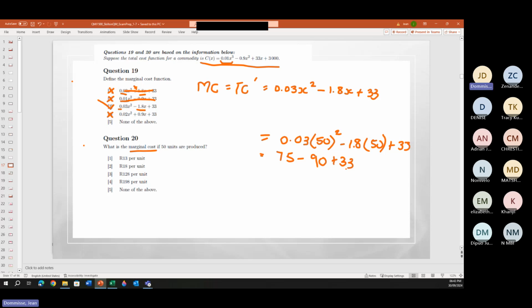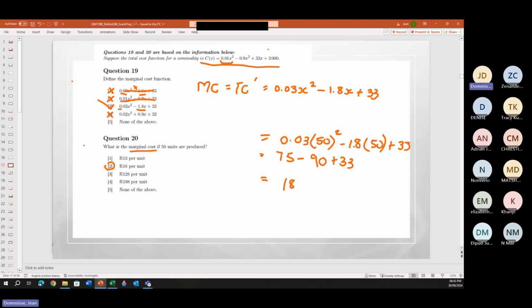So 75 minus 90 plus 53 is equal to 18, which is option 2.